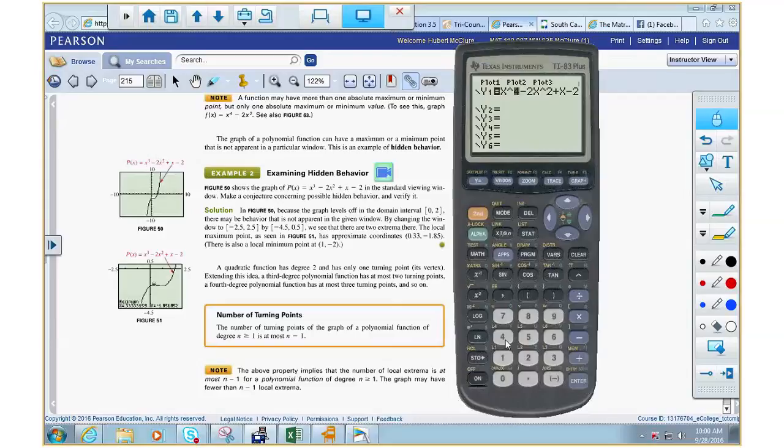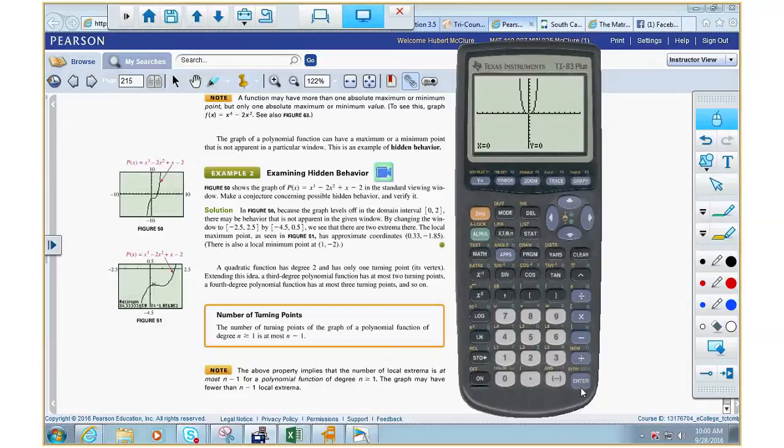And delete and graph. So you'd have to zoom in, and zoom in maybe one more time. No, it just flattens out.